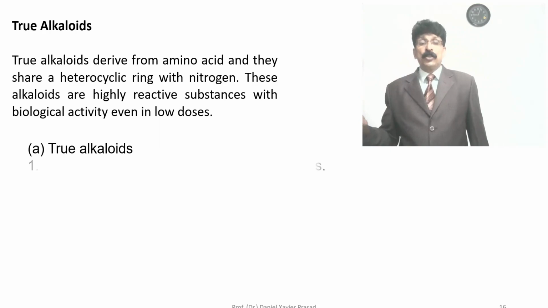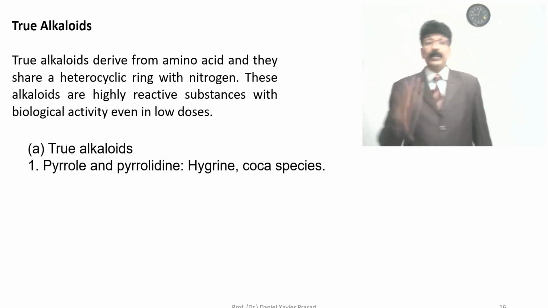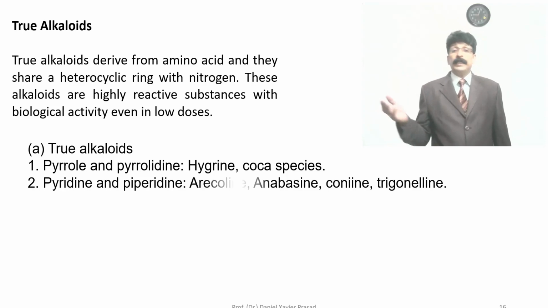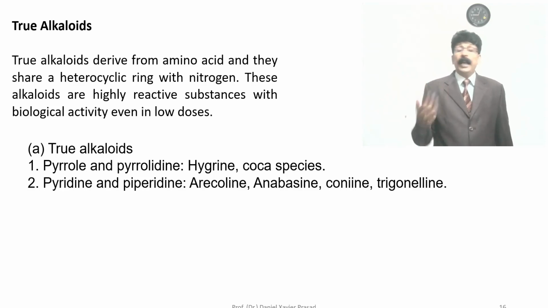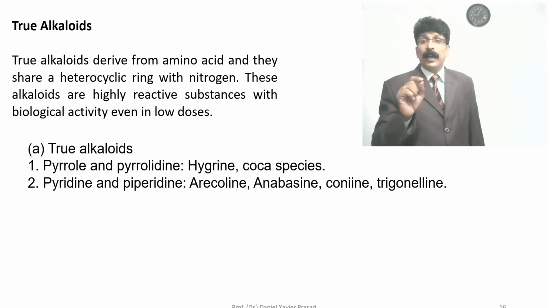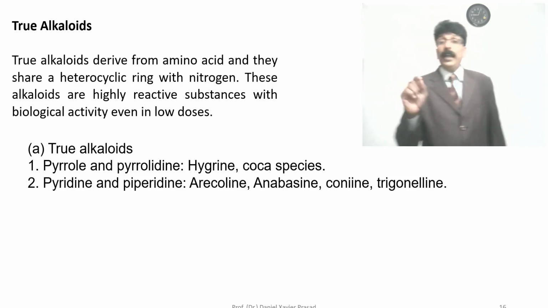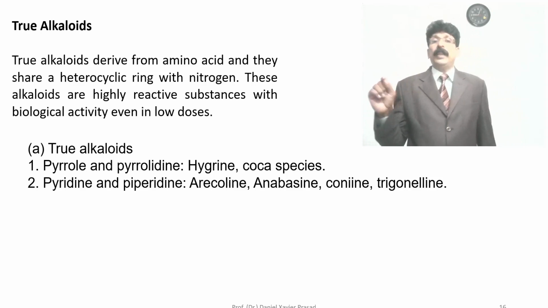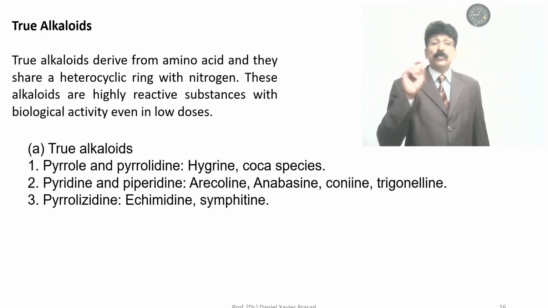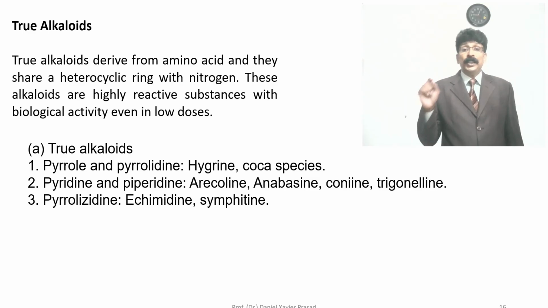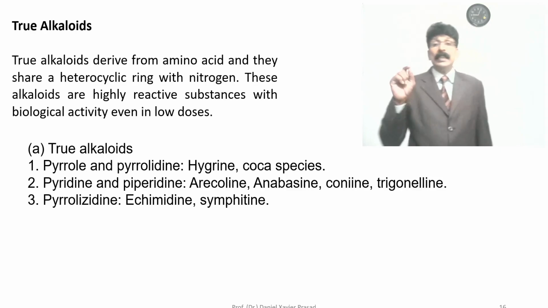True alkaloids, for example, which we have seen: pyrrolidine, hygrine and cocaine are examples. Pyridine and piperidine: arecoline, anabasine, coniine, and trigonelline. And pyrrolizidine, for example, isatidine and senecionine.